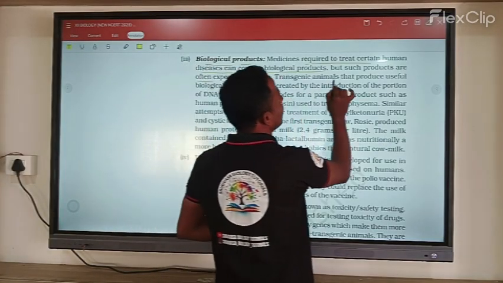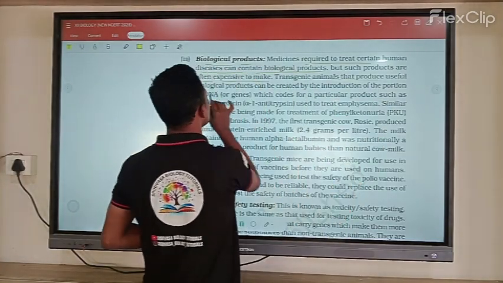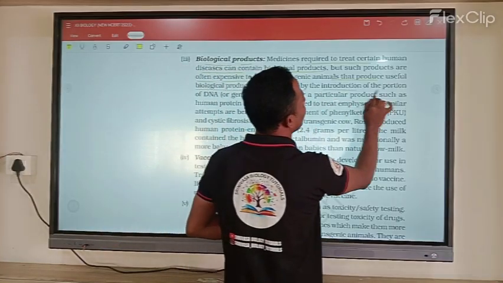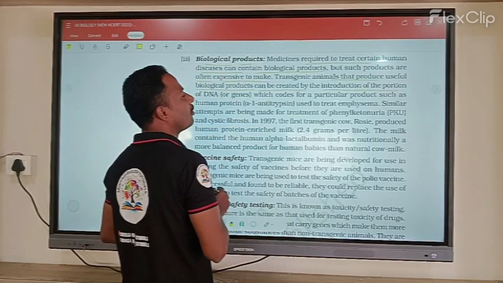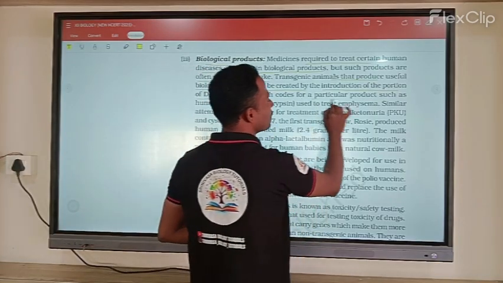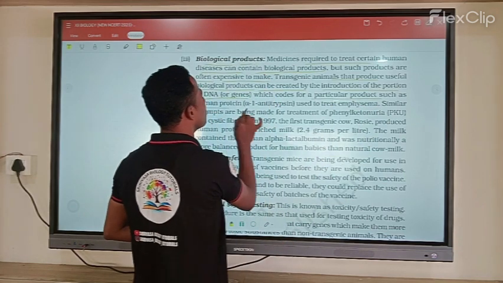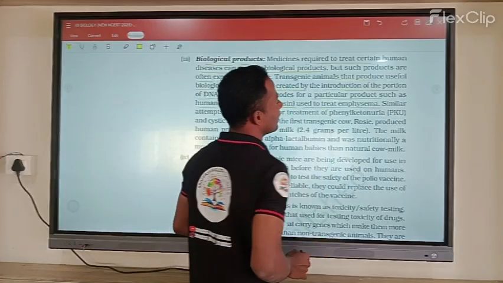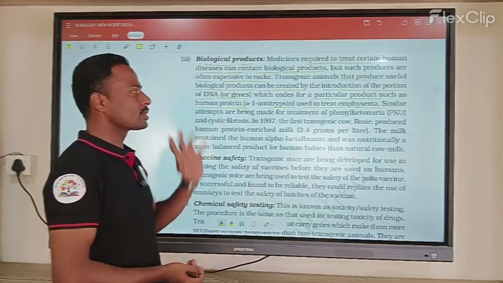Next, transgenic animals that produce useful biological products can be created by introducing a portion of DNA which codes for a particular product, such as the human protein alpha-1 antitrypsin. It is used to treat emphysema.